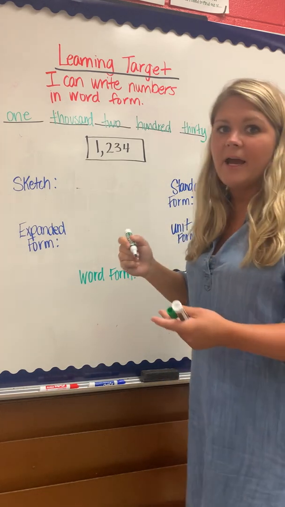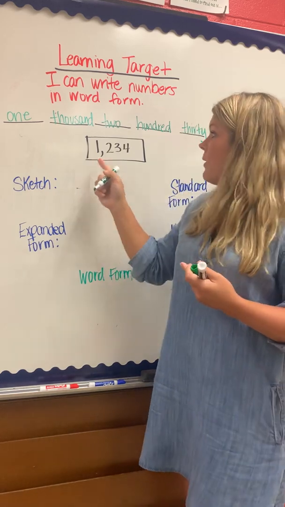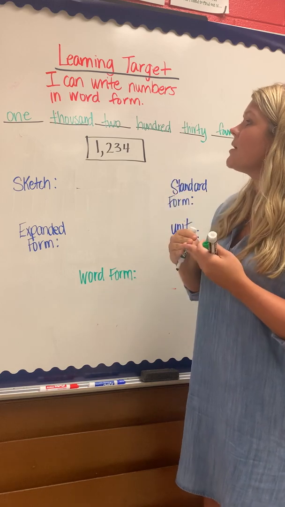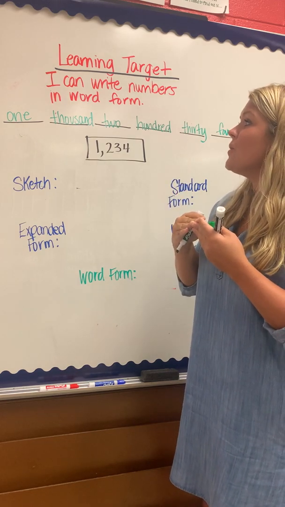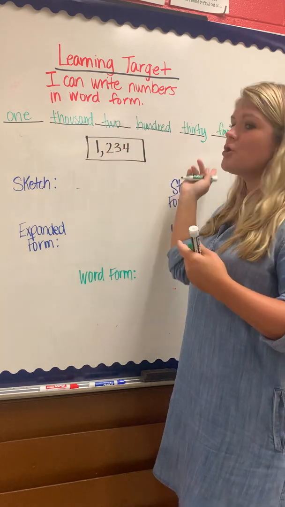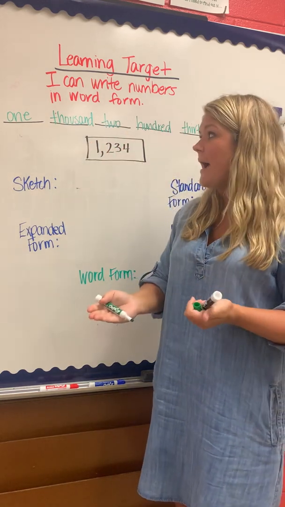And there we have it. I have written this number, 1,234, in word form. I remembered to write down each of the words I heard because I made a line for each one that I counted as I read it aloud.